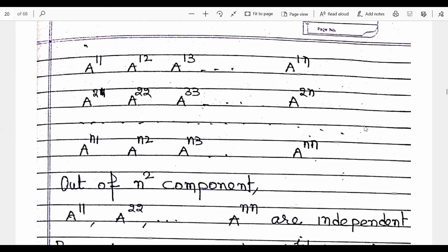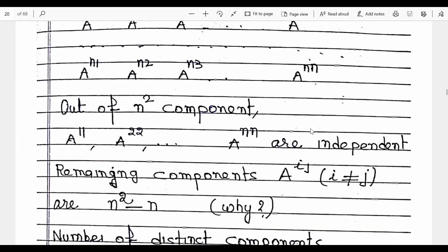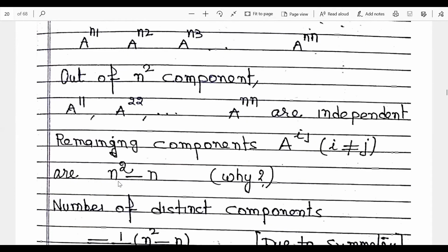The remaining components, where i and j are different, number n square minus n.